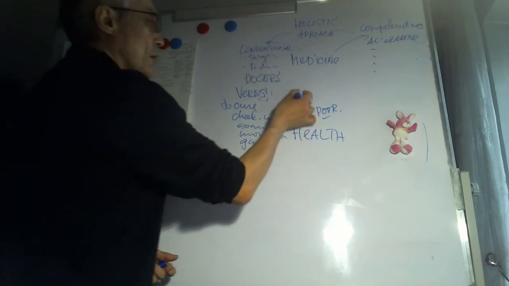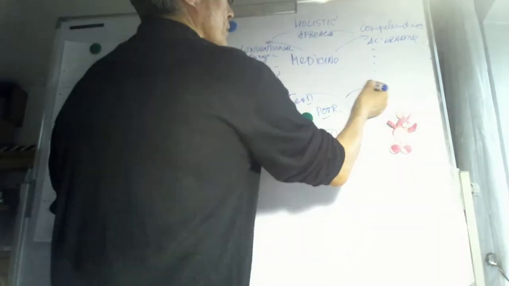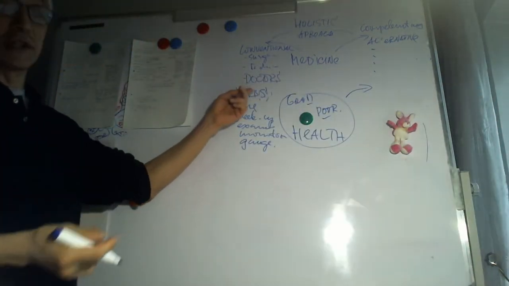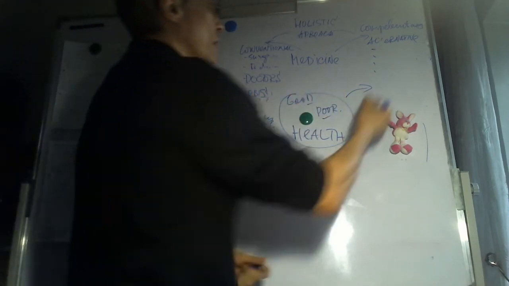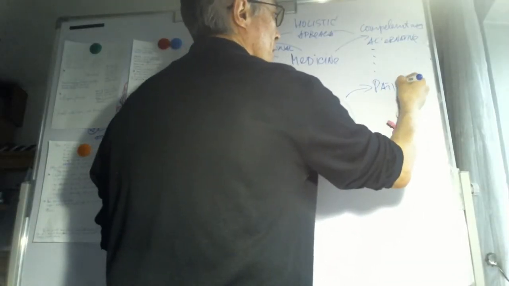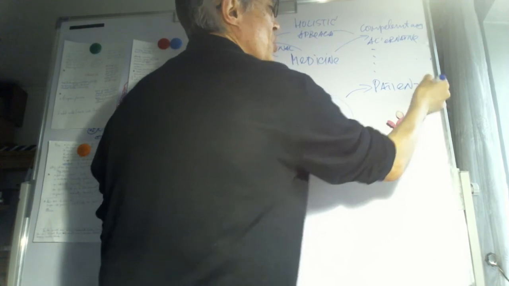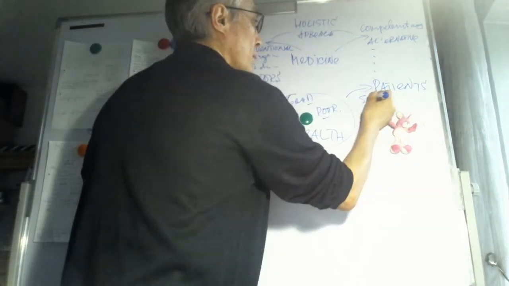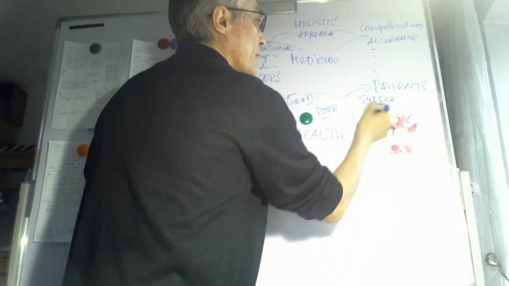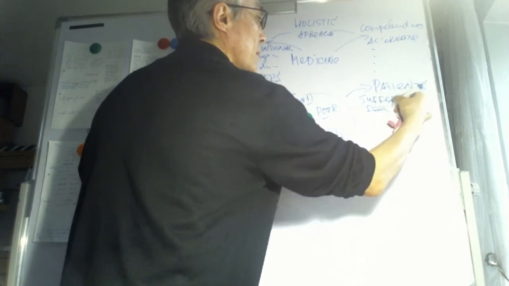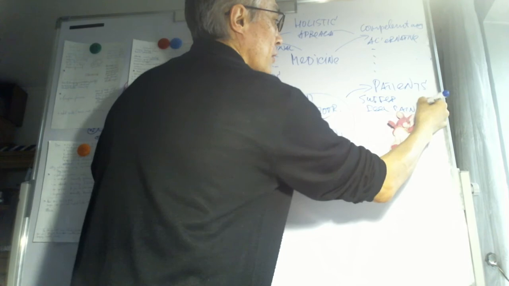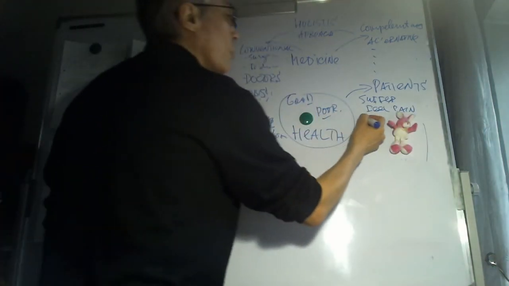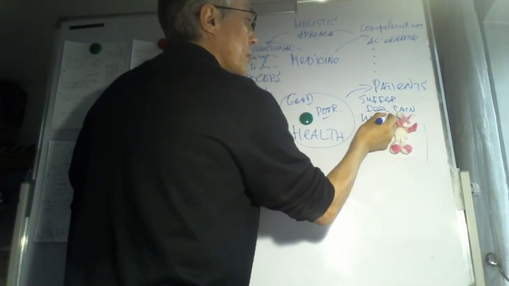Then you go to here. Since you have doctors here, then here you have patients. What do these patients do? Poor things. They suffer. They feel pain somewhere. They undergo some treatment.